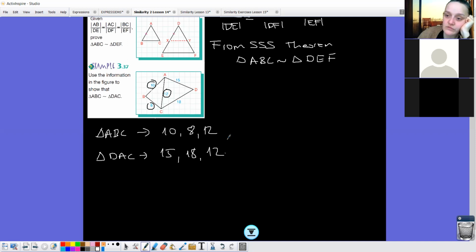Now I will try to write a proportion, a ratio to have the same. I will try to write some fractions according to the sides and to have the same ratio. Check the numbers and in which case we can find the same ratio. AB over, let's try DA.